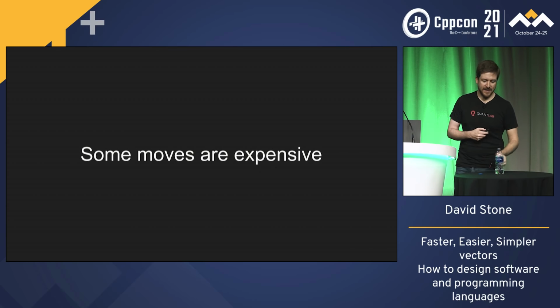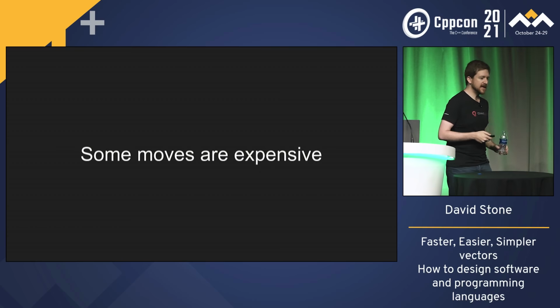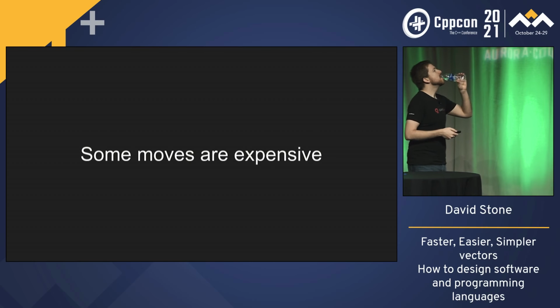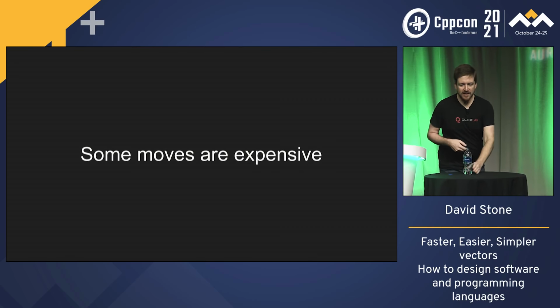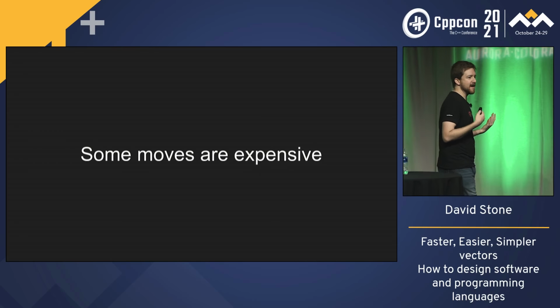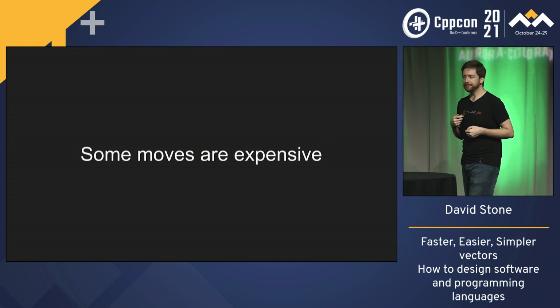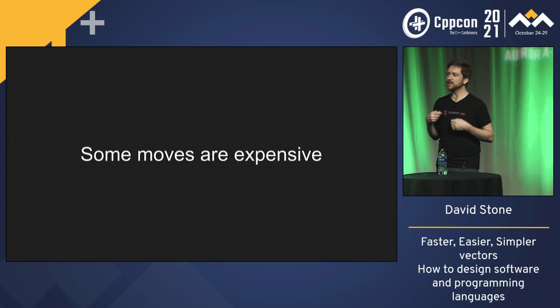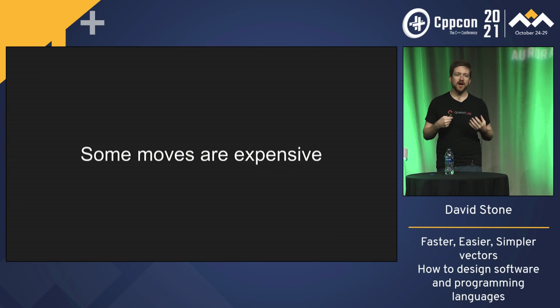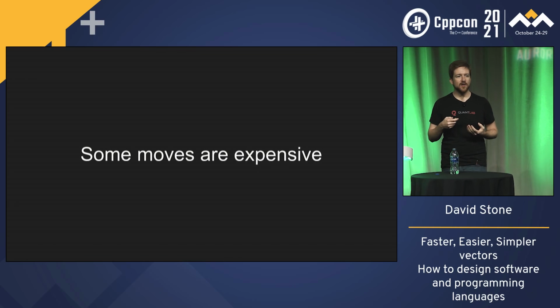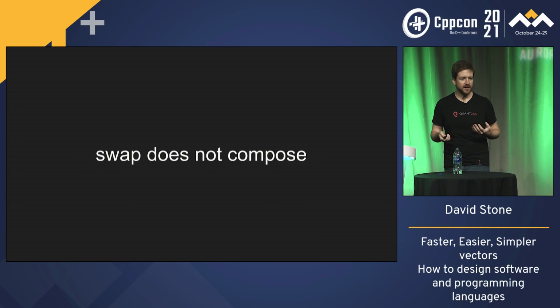Some moves are expensive. So this kind of comes down to the issue of relocation versus move. We don't have relocation support built into the language. So we do a move constructor, and then we do a call to a destructor, but that doesn't always generate the code that we want.